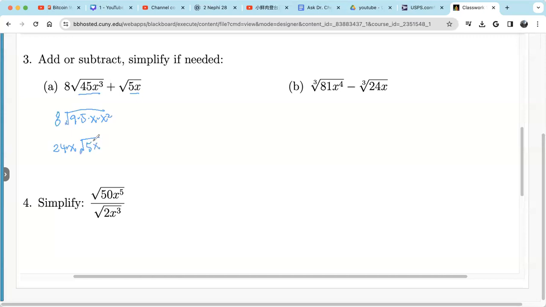Inside the square root sign, we still have square root of 5x. Then plus square root of 5x. So we have like radicals now. So we factor: 24x plus 1 radical 5x. Where does this 1 come from? We just imagine this as plus 1 times this.